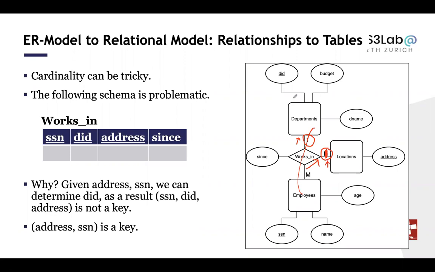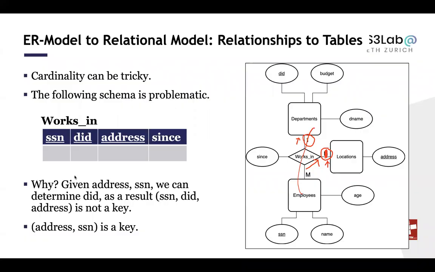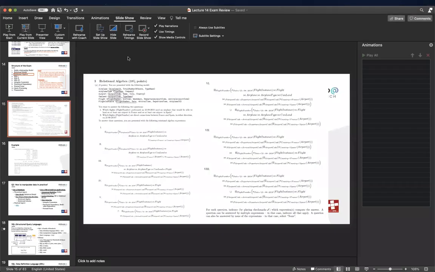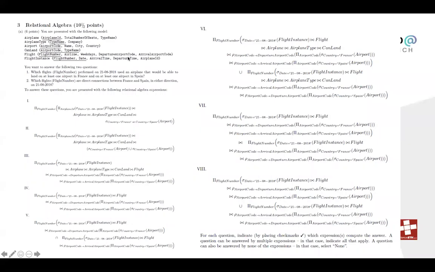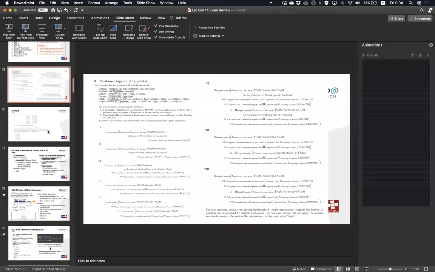I was just curious about the exam question for the relational model with the airplanes.